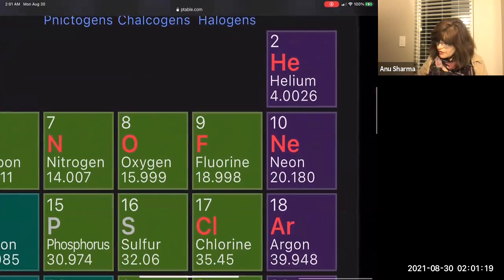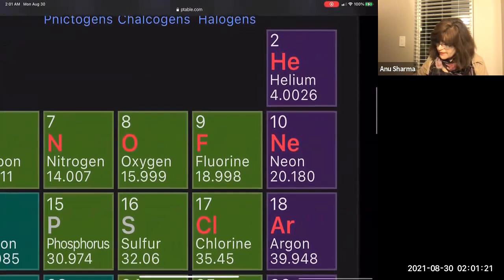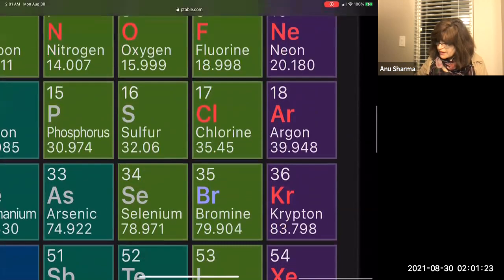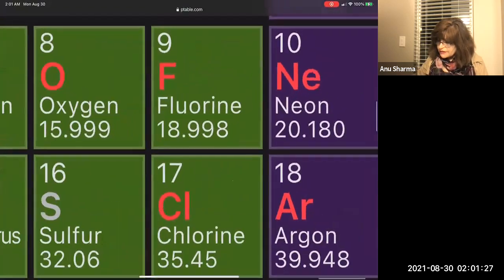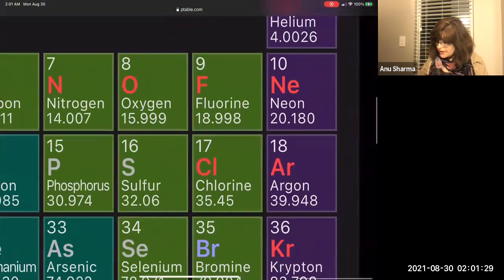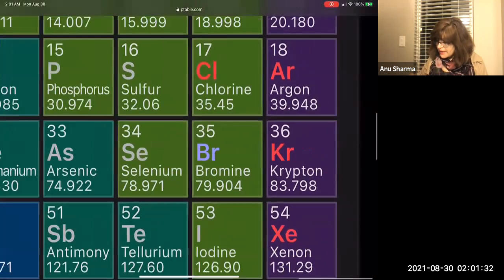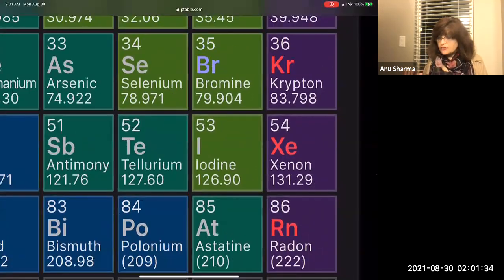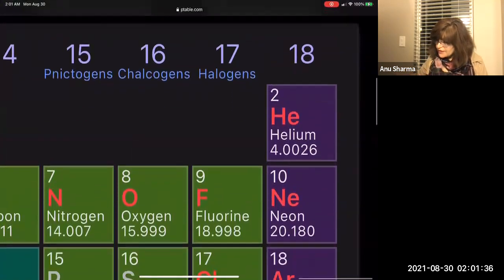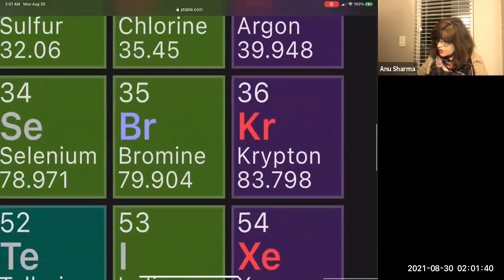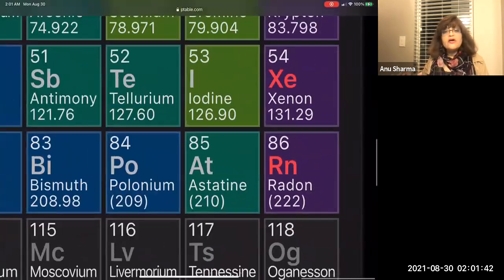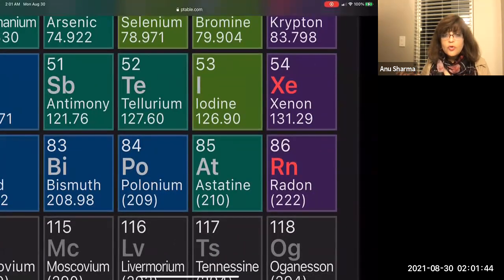However, fluorine, chlorine, bromine, iodine, these are called halogens. And these guys over here, helium, neon, argon, krypton, xenon, and radon, these are called noble gases.